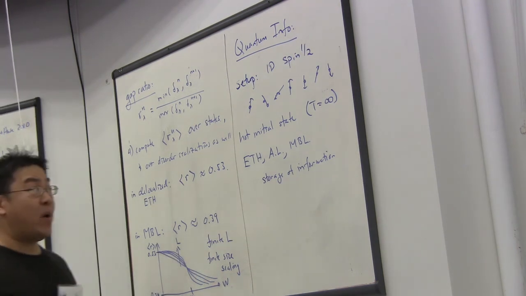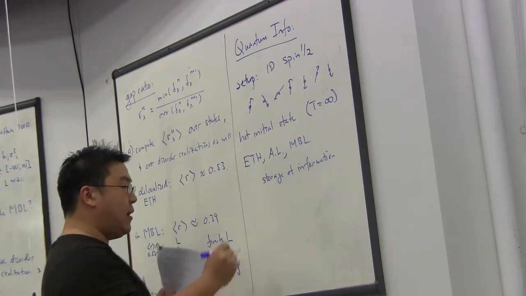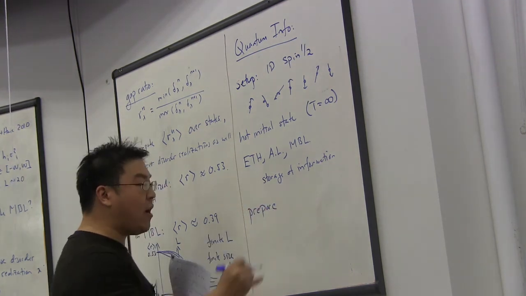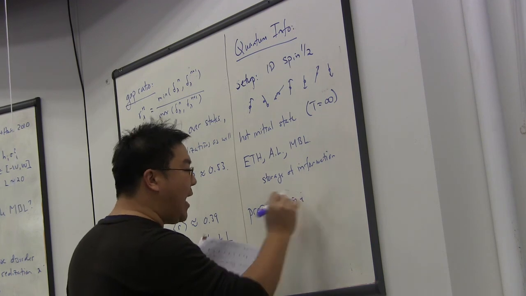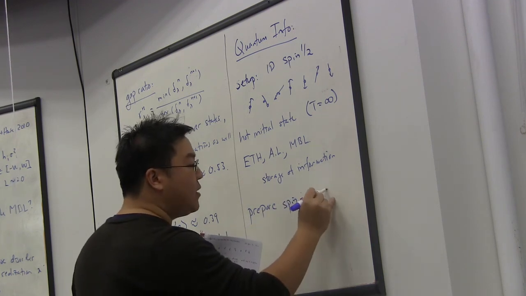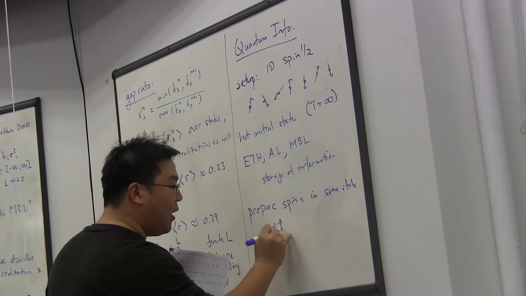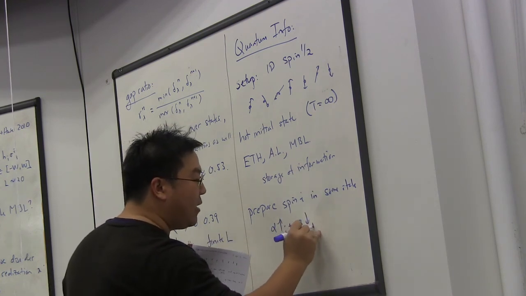But we have quantum spin 1/2 particles, so let's give a procedure. Let's imagine that we prepare spin i in some state that looks like alpha up_i plus beta down_i.